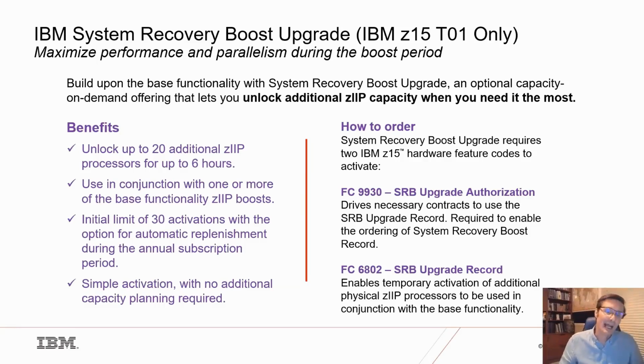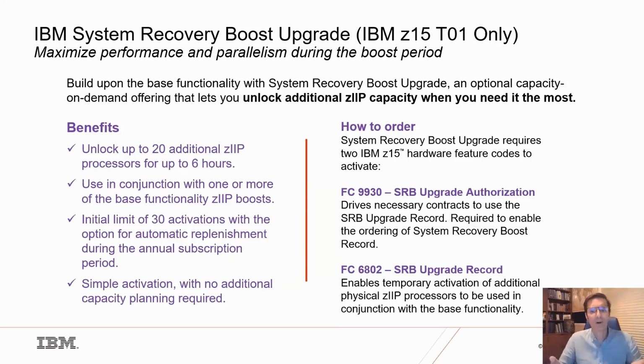So let's say I have 6 LPARs on that CEC that I want to do a rolling IPL for. Well, I can do a boosting period for LPAR number 1, shut down and restart, and I can do the same for 2, 3, 4, 5, and 6 until my 6 hours have been exhausted.